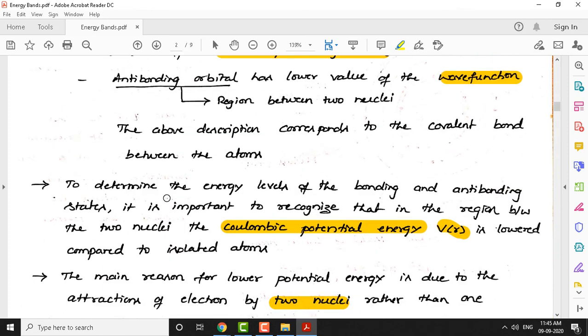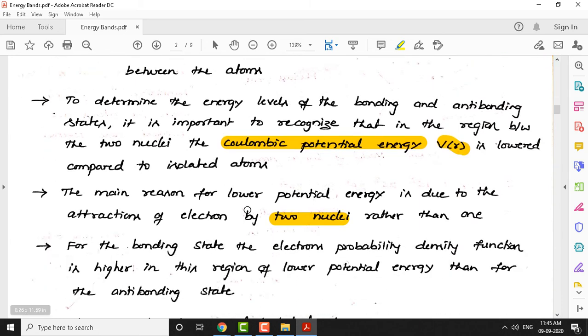For isolated atoms, V of R is very high, and it gets lower when atoms are brought together. The main reason for lower potential energy is the attraction of the electron between the two nuclei rather than one.